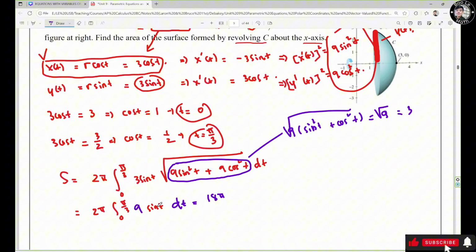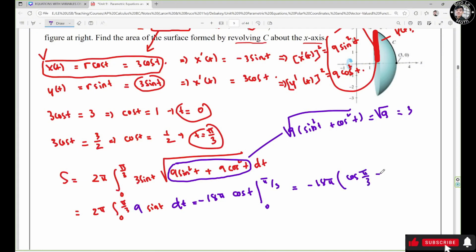Now the antiderivative of sine is going to be negative cosine, right? So you have a negative sign right here, cosine of t evaluated from 0 to pi over 3. And then it's going to be negative 18 pi times, substitute pi over 3 for t, this is going to be cosine of pi over 3.